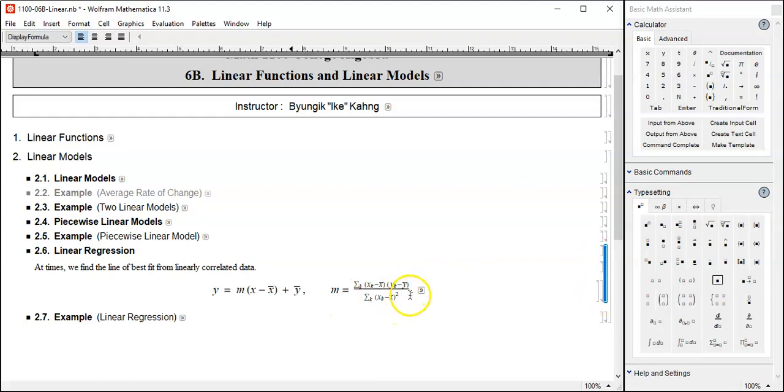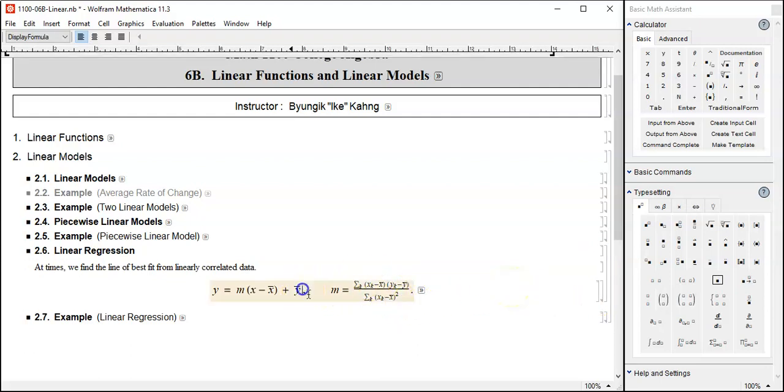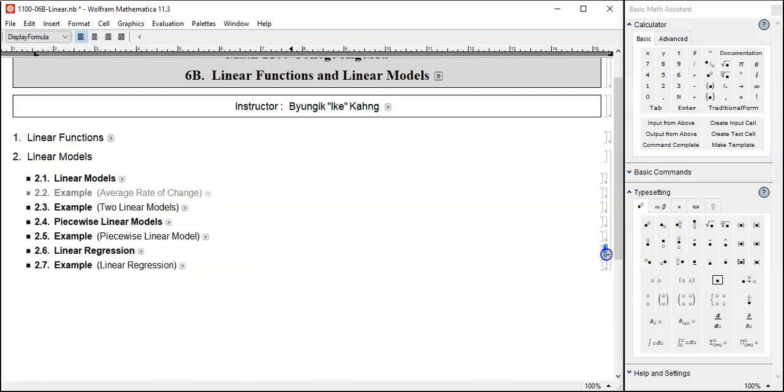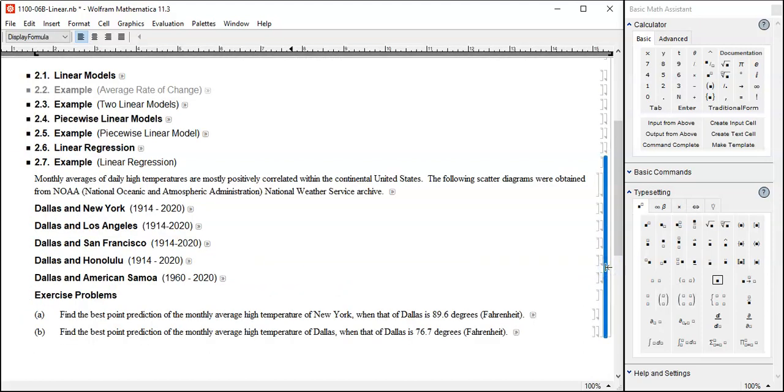In short, if you have some large data, you're going to get a point-slope equation like this, where x bar and y bar are means, the averages. So the line runs through the average point, and then the rate of change, the important part, the slope, can be calculated by, oh my goodness, this formula. How am I going to calculate that? That's a completely different issue. I'll simply show you the pictures.